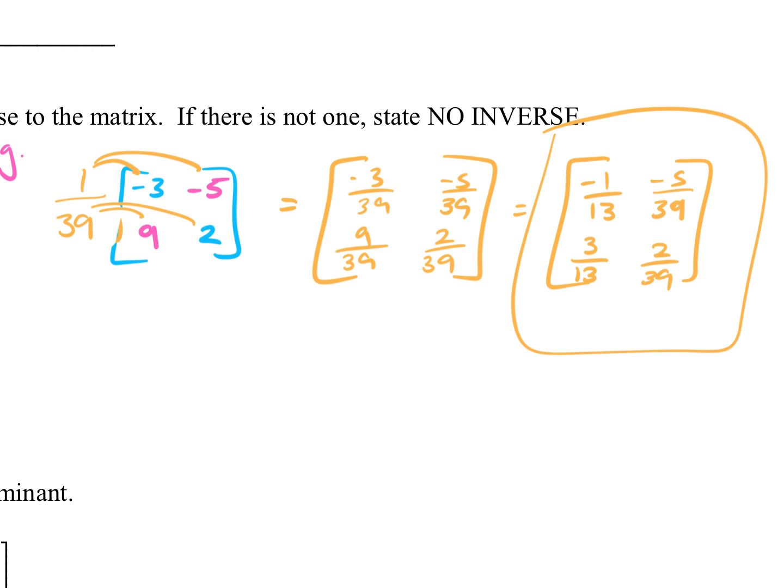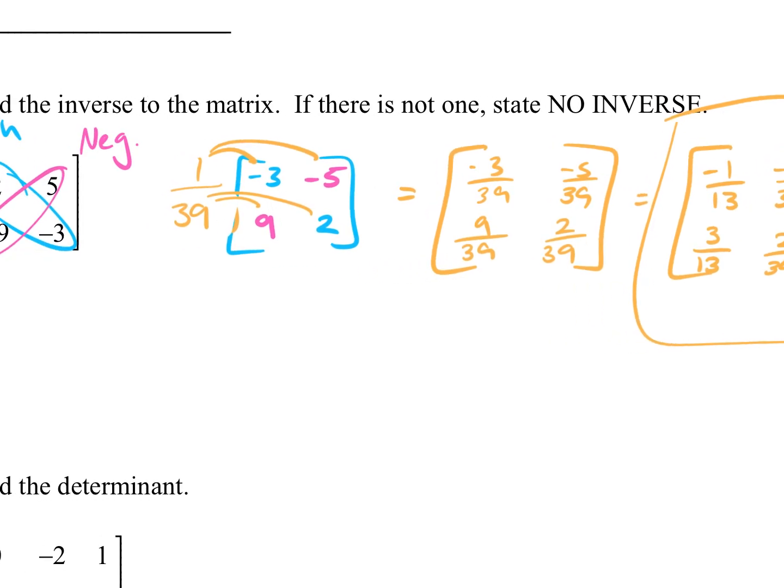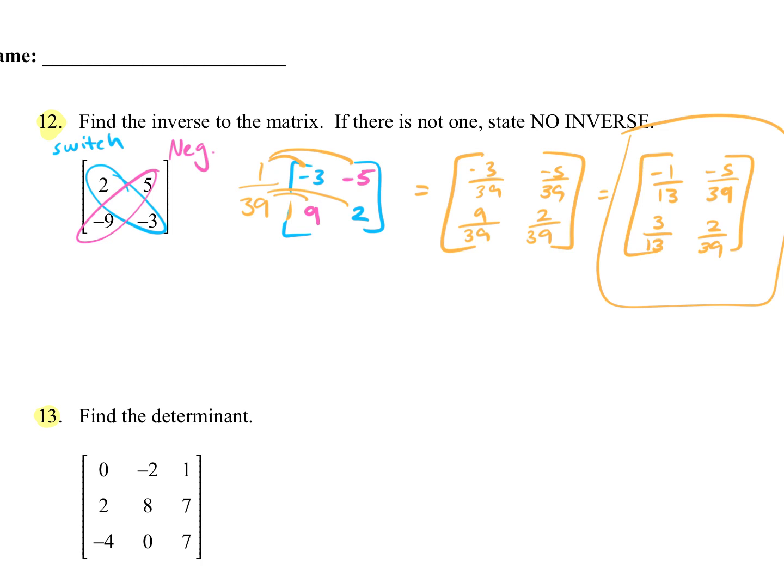Yes. So we do 1 over the determinant, which is 1 over majors minus minors. So we multiplied 2 times negative 3 and got negative 6 minus negative 9 times 5, which was negative 45.